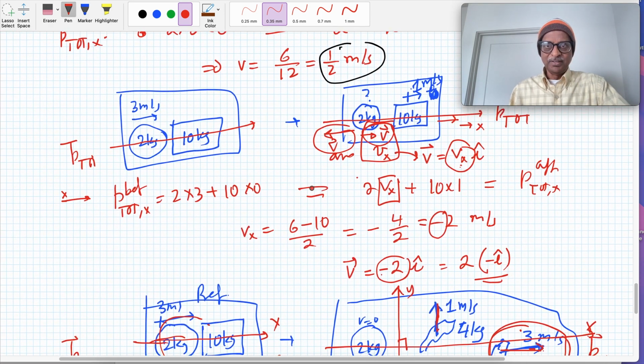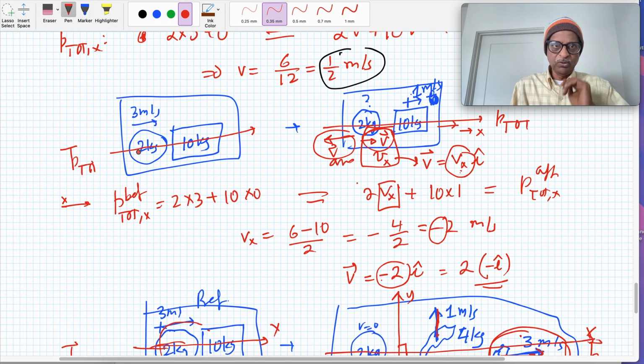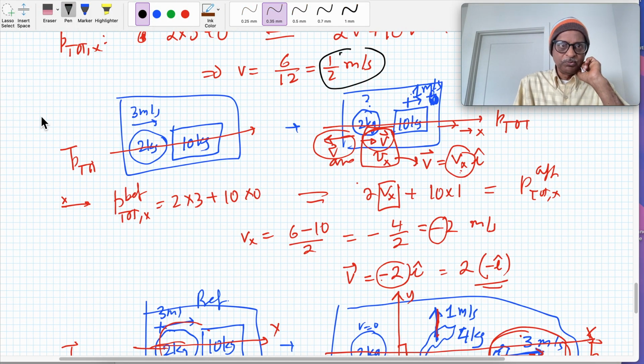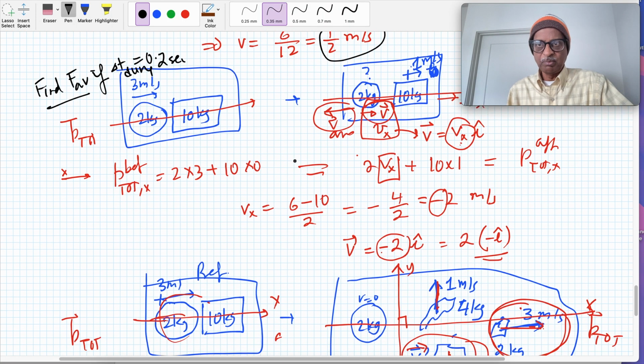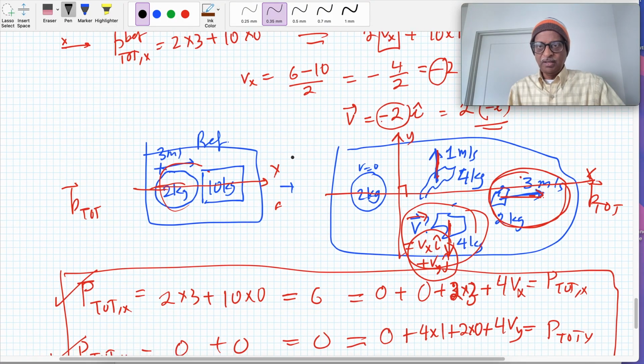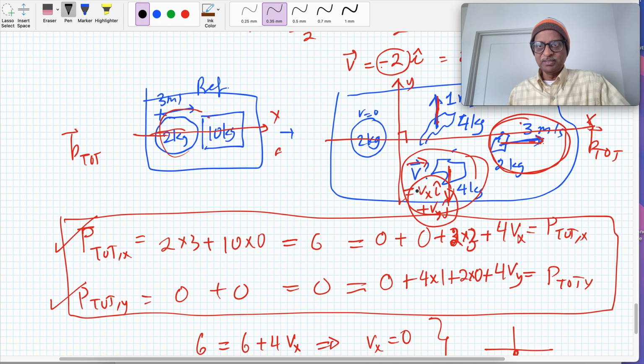Now you can do the same thing here. So find the average force if the collision time is, say, 0.2 seconds. This is not a bad time for a collision. Over here, you say, hey, what kind of average force was applied?